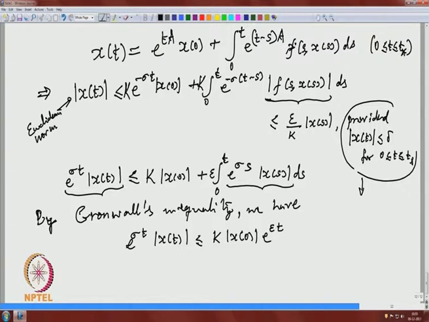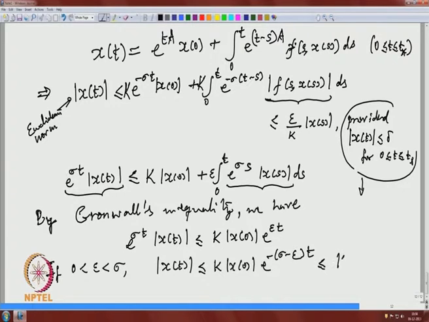So, if we choose now 0 less than epsilon less than sigma, then we have x t less than or equal to k x 0 e to the minus sigma minus epsilon t, and now this with the assumption on epsilon.